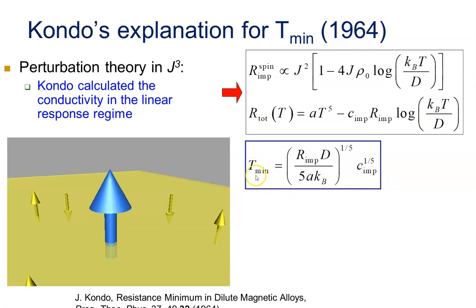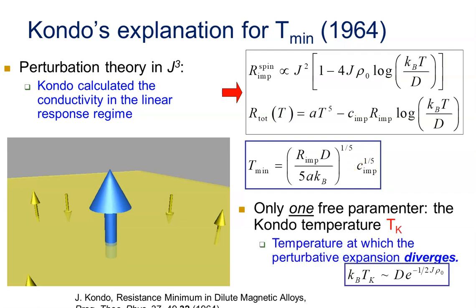Notice that this T minimum is not the Kondo temperature. This is sometimes a confusion that people make, but they are different. In fact, the Kondo temperature is defined at the point where this expansion diverges.